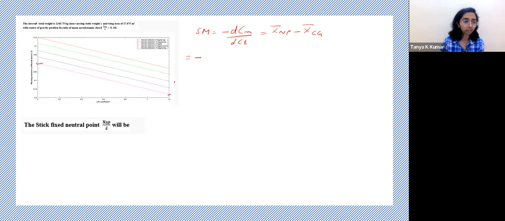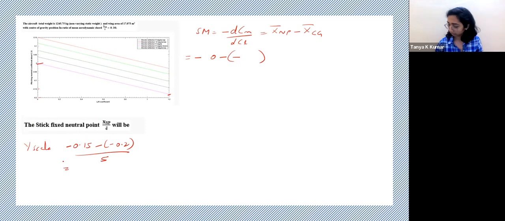So dCm, let's take this point, this point. That would be 0 minus of that value, which will be minus. Let's just calculate this. Let's find out the Y scale first. There are 5 markings between these two, so you have minus 0.15 minus of minus 0.2, divided by 5.